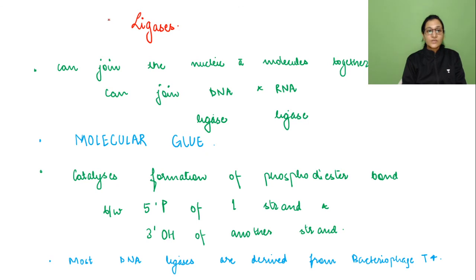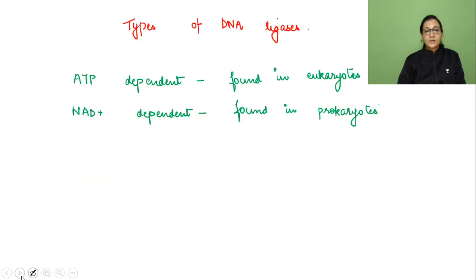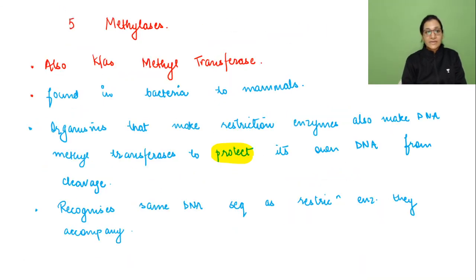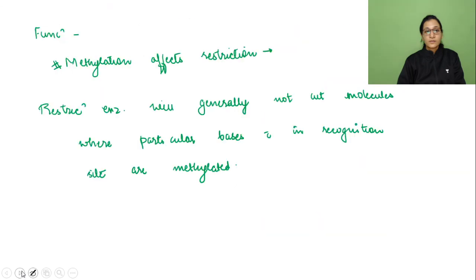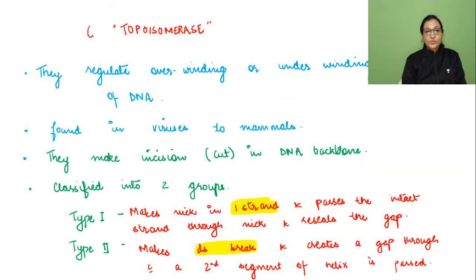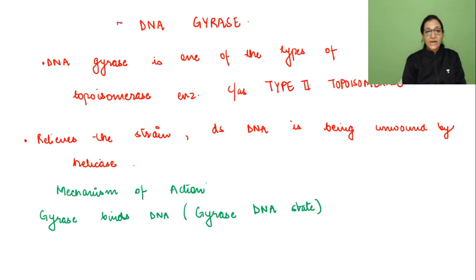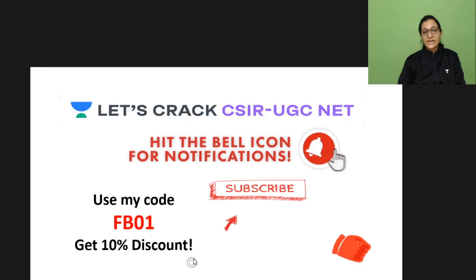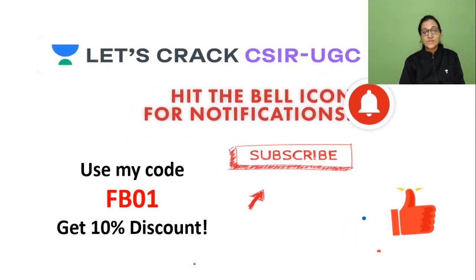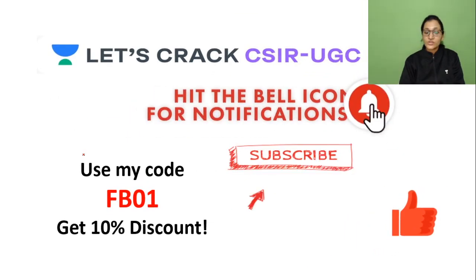In this video, we talked about the ligase, then methylase, then topoisomerase, and lastly gyrase. So we have covered 7 enzymes in the category of modification enzymes needed for rDNA technology.